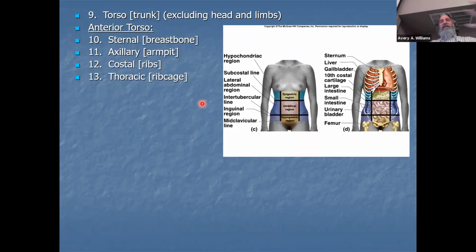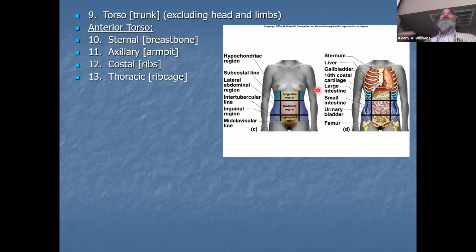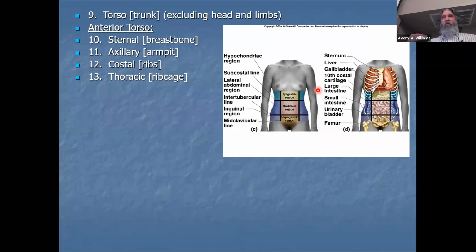Now, it could be all the way around, but here I just stuck with my anterior torso. But what it really is, is the superior torso, or the portion of your torso that contains ribs.